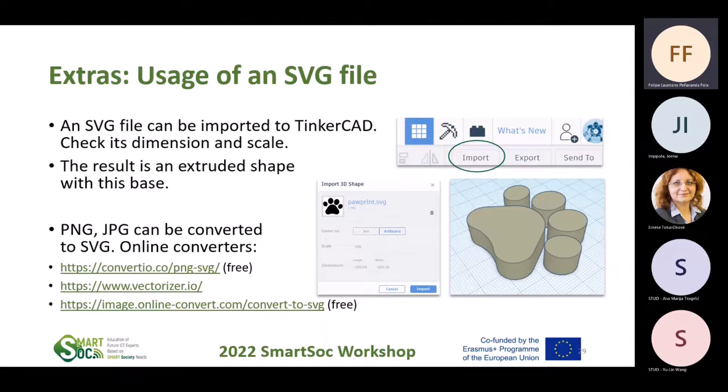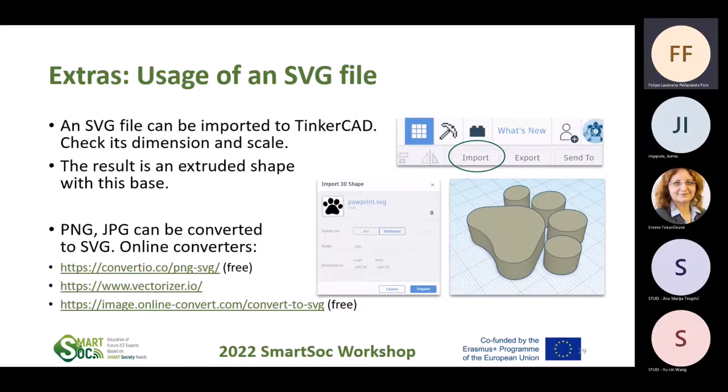For example, the different icons of browsers or any other objects can be available. And for example, you can convert your logos or part of the logos to the SVG format. Here on the slide, you can see some converter pages, and you can upload your PNG or JPG files, and the result will be the SVG files, which is for example, a black object with a white background.